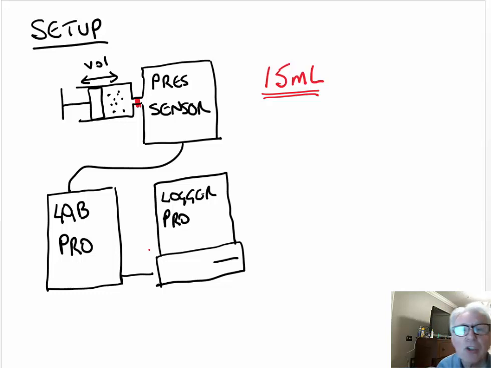When I make a change, I'm going to maintain that change. I'll squish the gas and I'll hold it for a while. I'm not holding where the gas is. I'm holding the end of the syringe, and let the temperature of the gas get back to room temperature. And then I'll take my reading of pressure. Because if I take the reading of pressure too soon, I'll get the wrong value because the gas is not at room temperature.